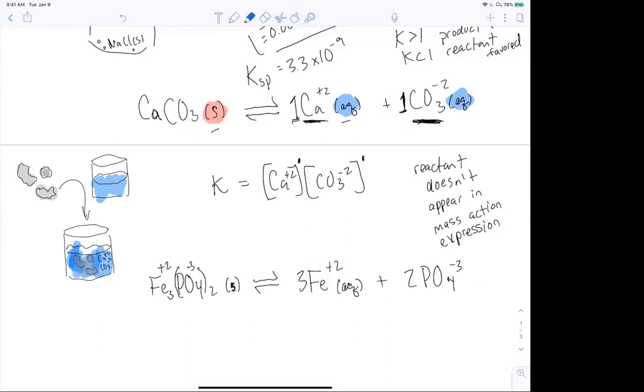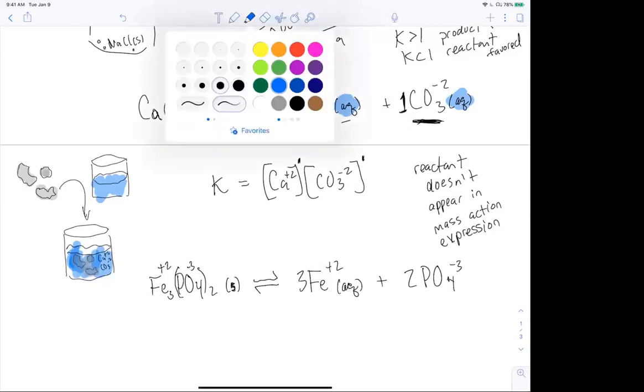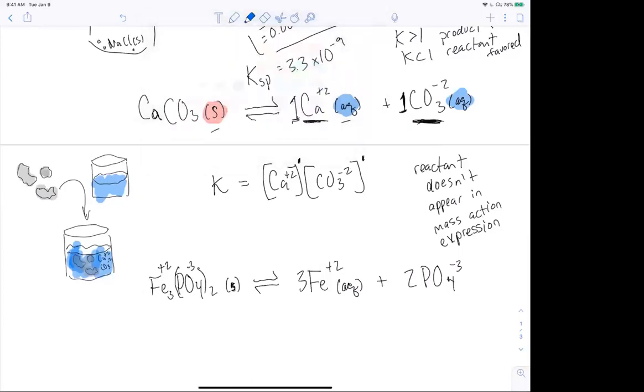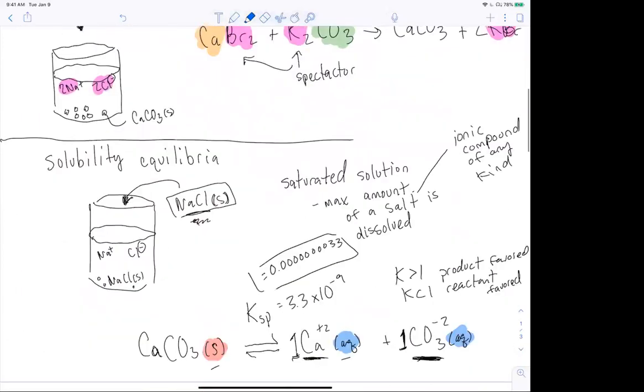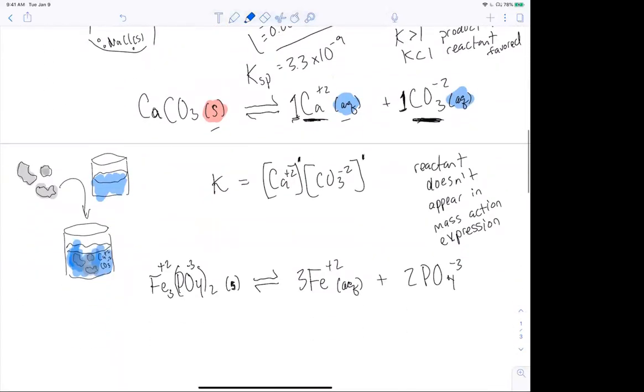So now I'm looking at one where, what did I use up top? I'm trying to be kind of consistent. Orange for cation, green for anion.